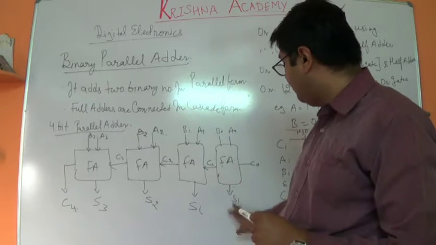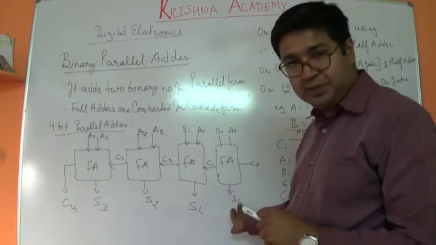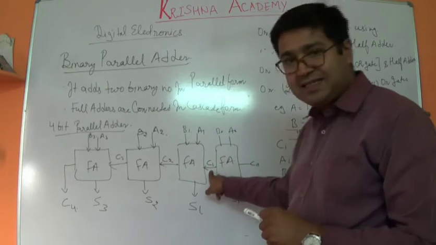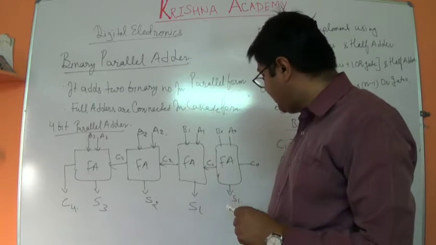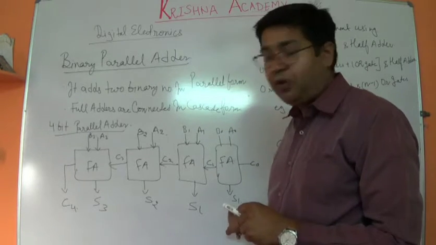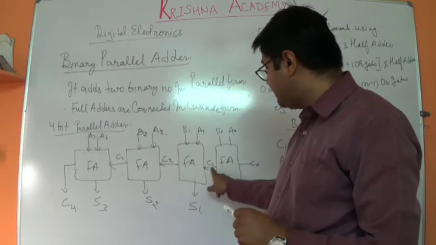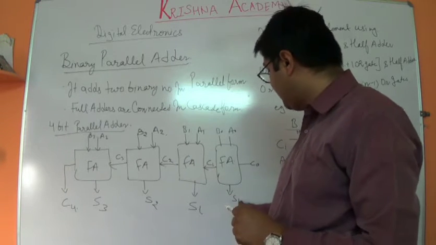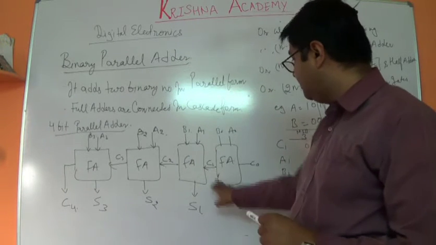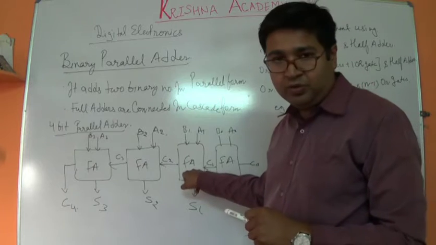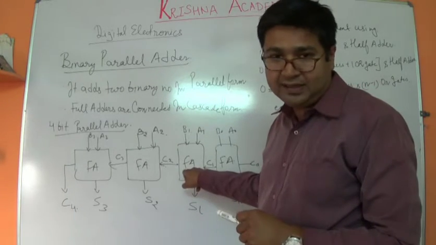Now what we will get is S1 from this circuit and C1 from this circuit. S1 and C1 are the two outputs. S1 can be shown over here and C1 can be forwarded to the next full adder circuit.